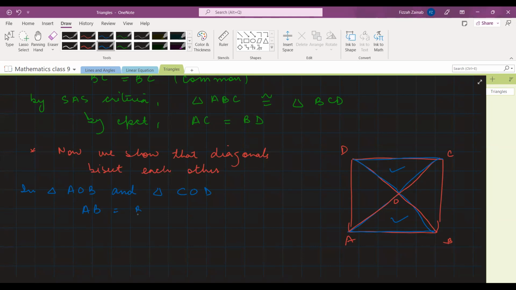AB is equal to CD, that's right. I'm taking triangles, right? So only one side you can write, which is AB is equal to CD. The other sides you have to show. So forget about side now. Now come to angles. Which angle you can write here equal?